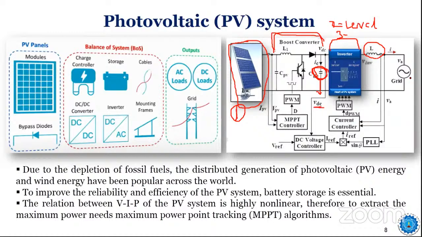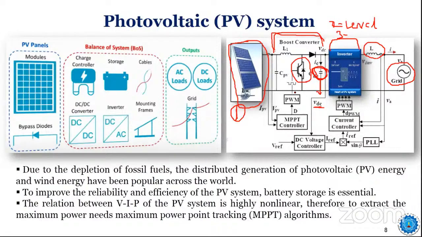Then on the output side, we need to regulate the grid side voltage and current, and also the harmonics. When we are connecting a boost converter, there is a switch, a power electronic device, as we all know. Generally MOSFET switches are used in boost converters, and high frequency operation is generally preferred.